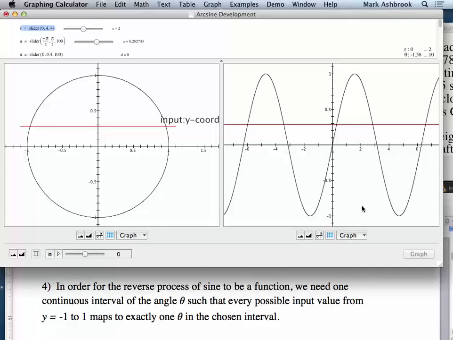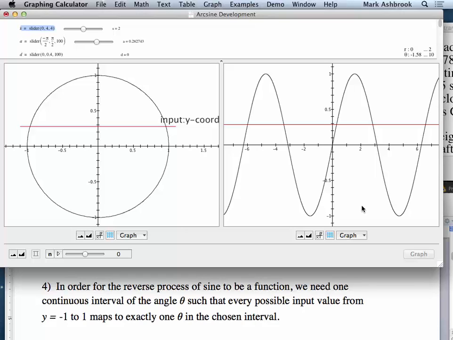So we need a continuous range of angles so that every single input from -1 to 1 is assigned one angle. So what can we do to achieve that? We need one continuous interval of the angle so that every possible input from -1 to 1 is assigned just one angle.